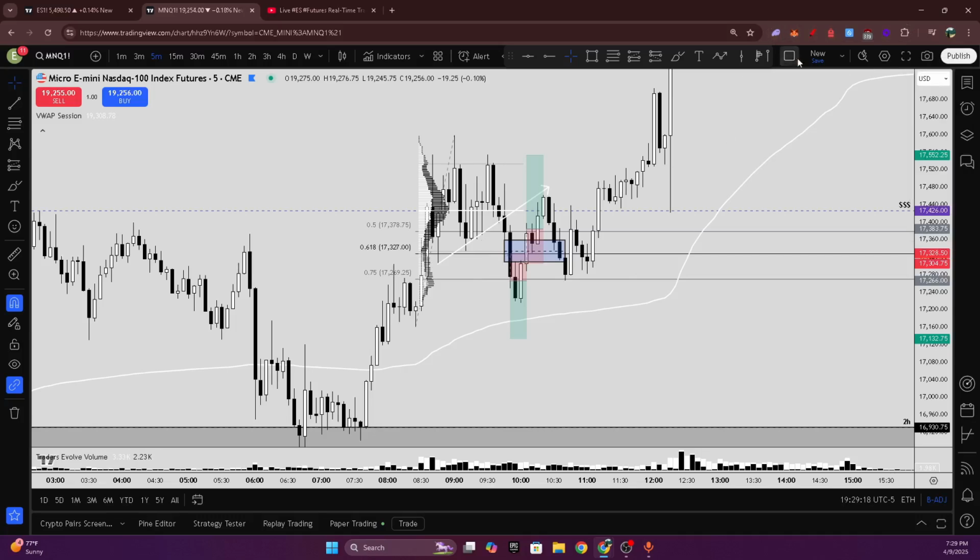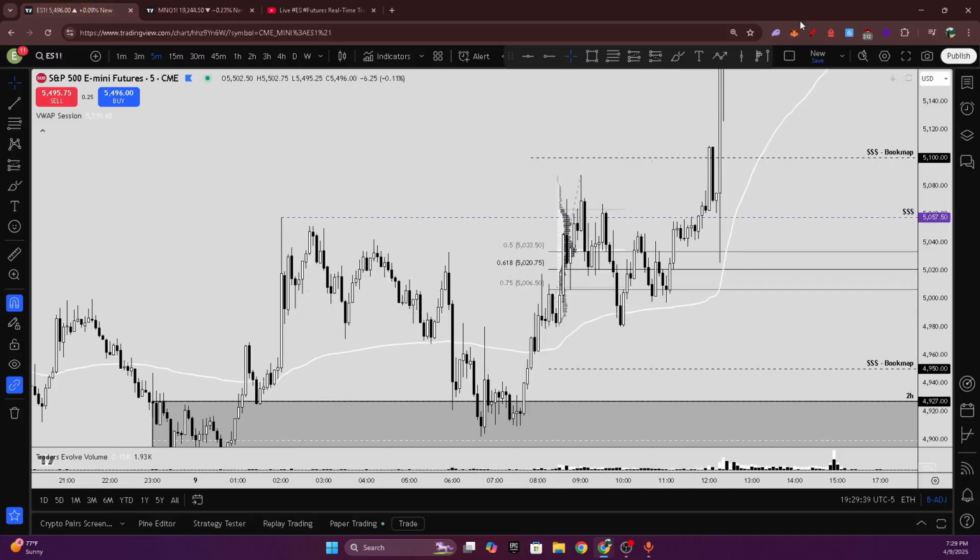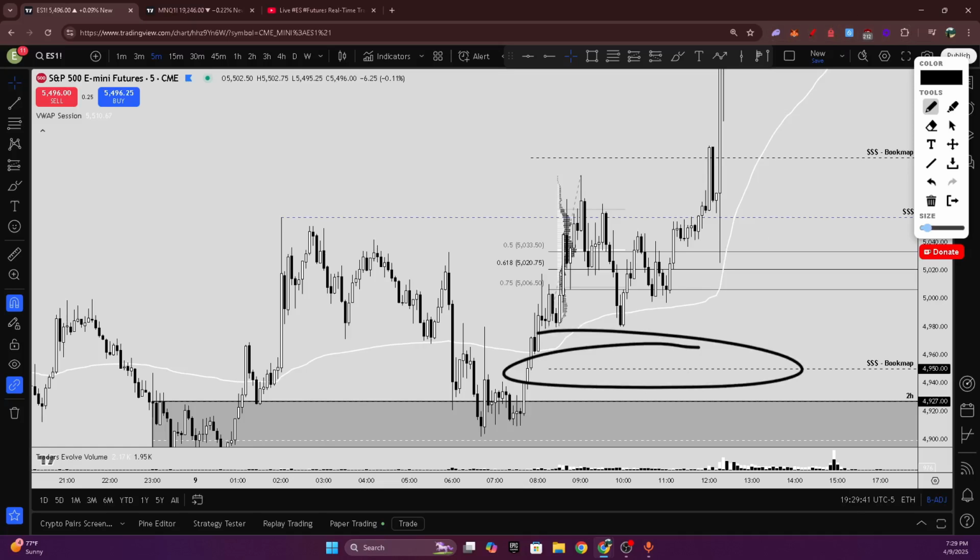But we look for a retracement to get in, or we look for confirmation using order flow, right? So once you saw the break of this trend and a quick flush to the downside, we wanted to see if sellers could continue going down to the Bookmap liquidity area over here.